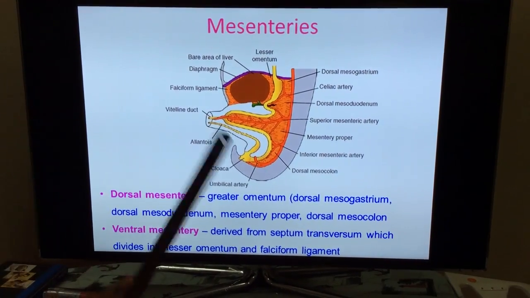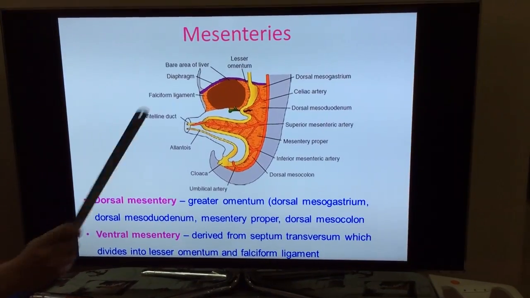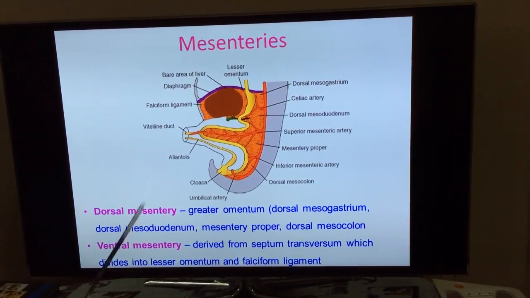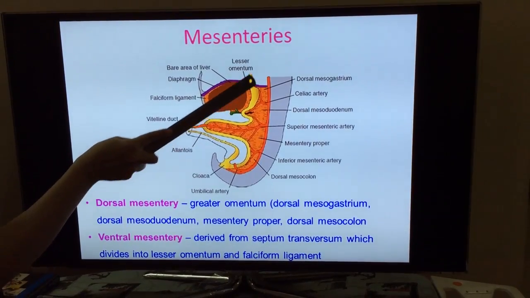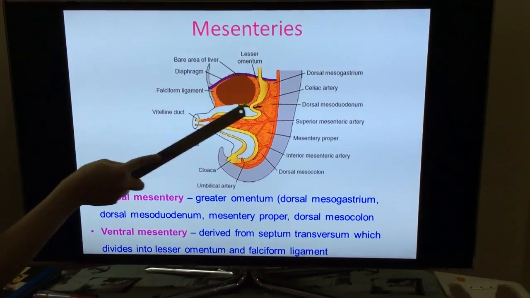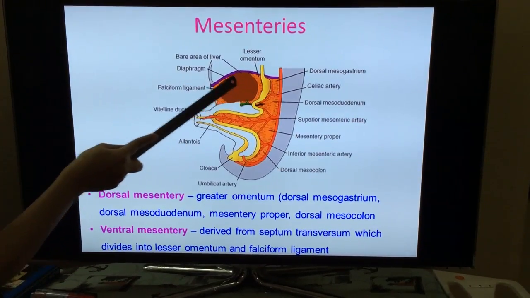Embryologically we divide this mesentery or peritoneum into two layers, one lying dorsally and one ventrally. When you see here, only the foregut tube has mesentery both dorsally and ventrally.